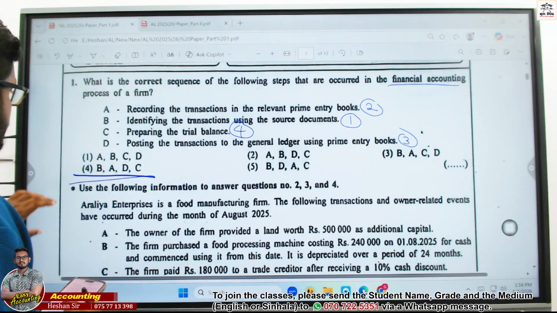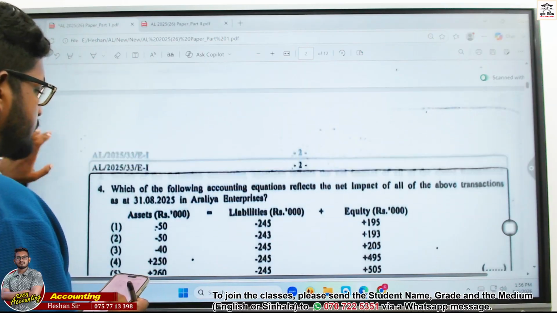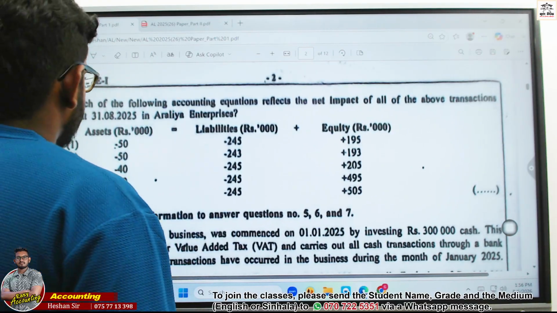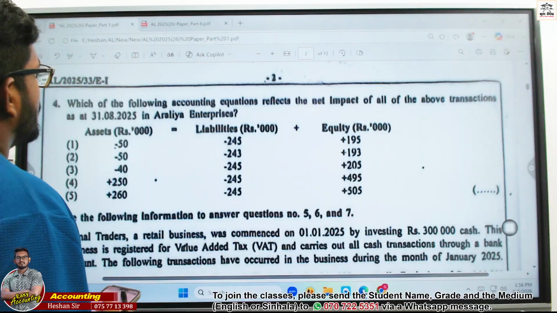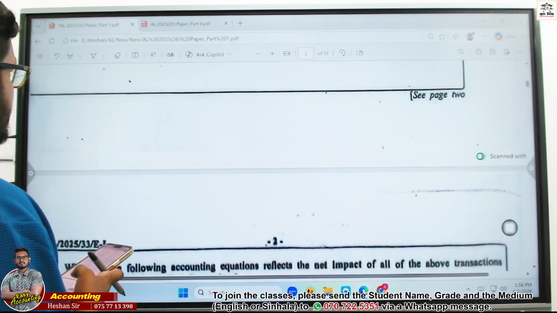Come to the 4. Which of the following accounting equations reflects the net impact of all the above transactions as at 31st of August 2025 in Arali Enterprise?